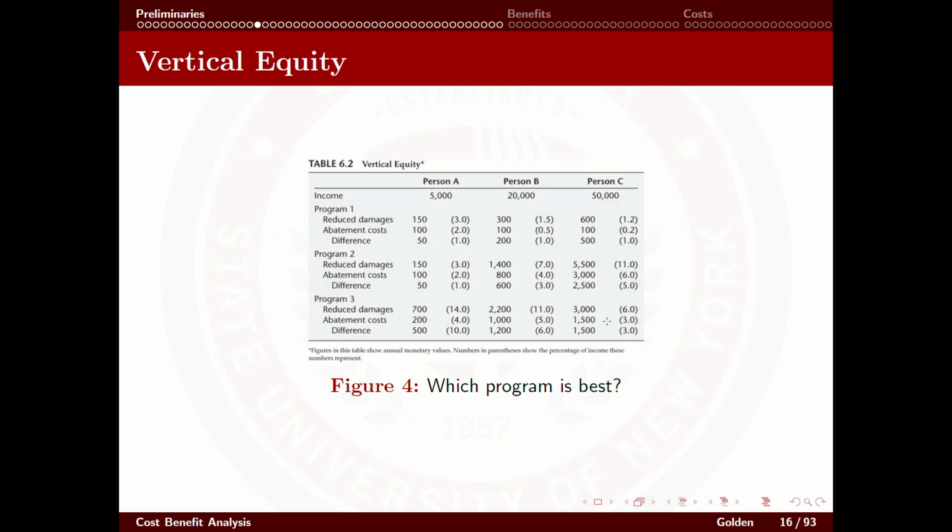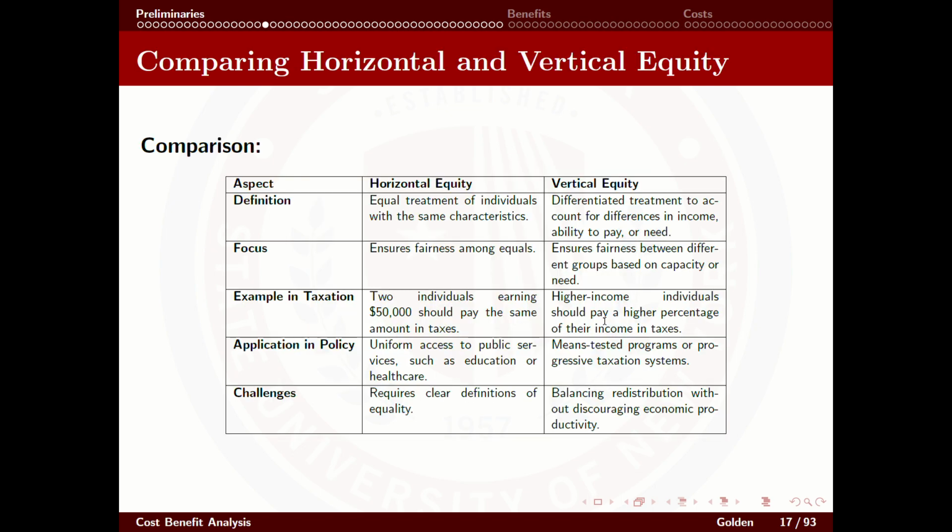So in all three of these, you have a different level of difference for the person, how much they're putting in, how much they're getting out, and that has an effect that differs based on income.